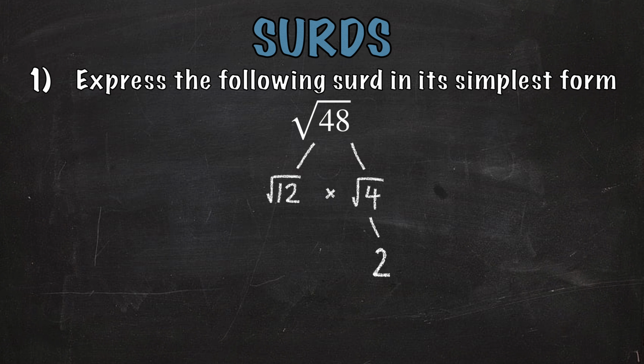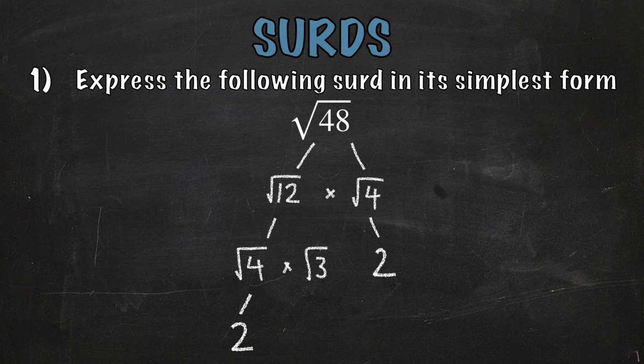Now that we've broken down this part completely, let's focus on the square root of 12. Again, we need to think of two factors which multiply together and give us 12. In this case, I choose the square root of 4 and the square root of 3. Let's do the easier one first. So the square root of 4 gives us 2. There is nothing we can do about the square root of 3 because it's already in its simplest form.